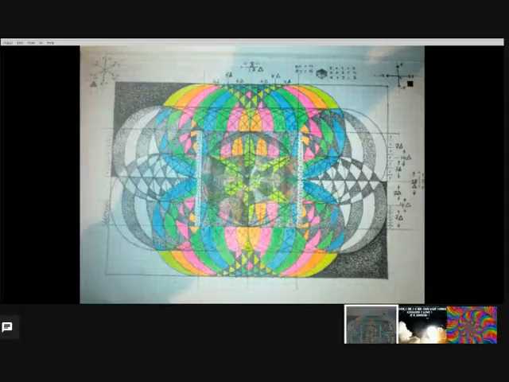So the question will become, where is the 0 point? Where is the actual 0 point of the circle where it starts? Because you can draw a flower of life inside a flower of life, inside a flower of life, the frequencies of the waves you can see get halved. You can divide them in half every time.